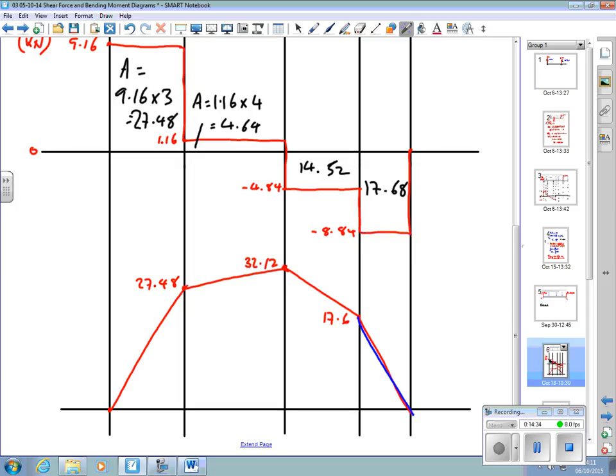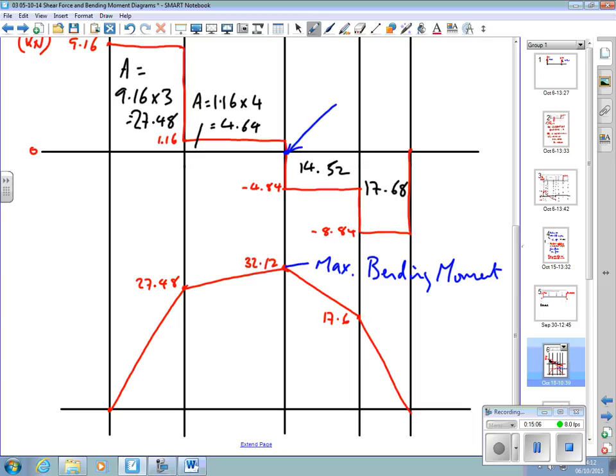Notice other things about this diagram worth pointing out. This is the value of the maximum bending moment. So I can work out where the maximum stress is on this beam, the maximum moment trying to bend this beam. Notice also that that coincides with where it cuts the zero on the shear force diagram.